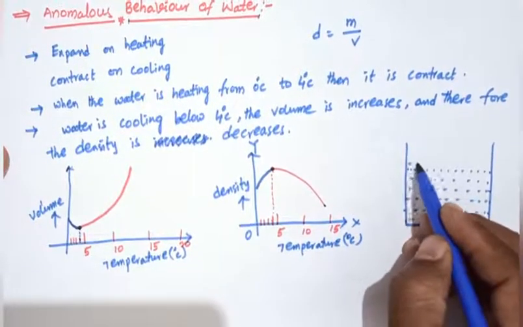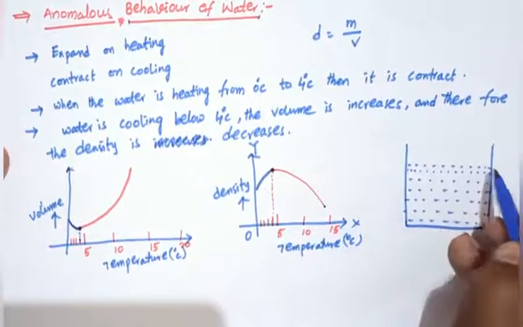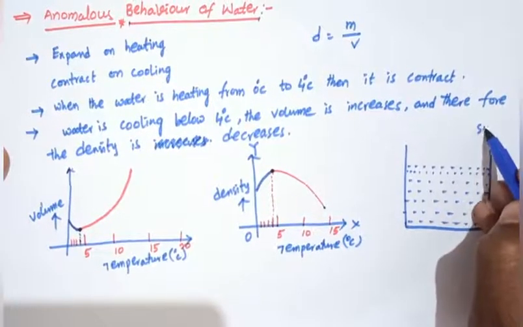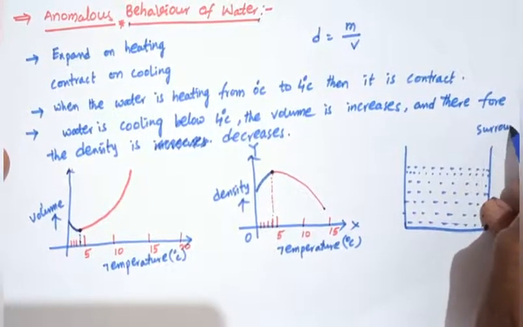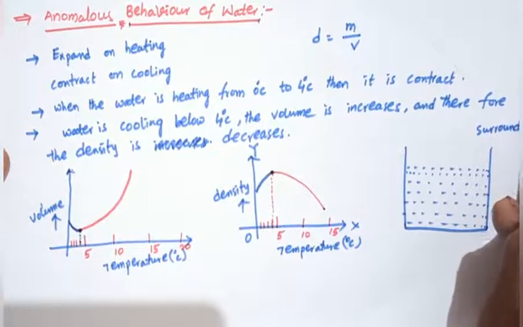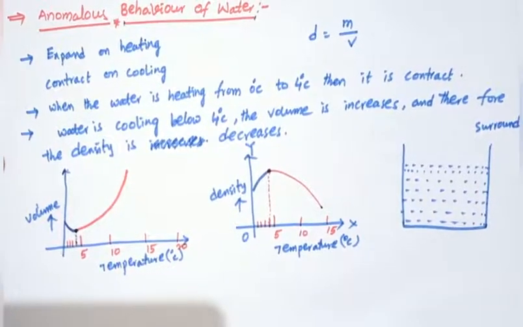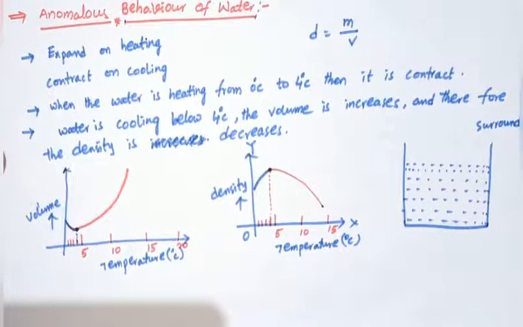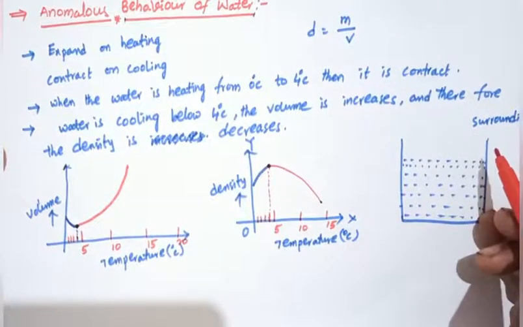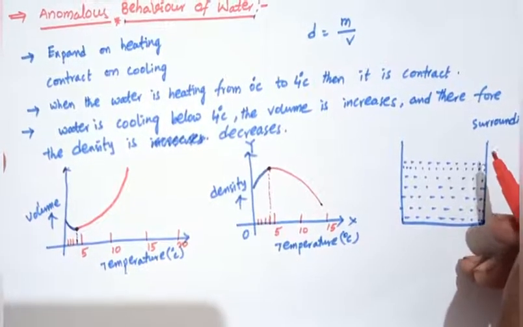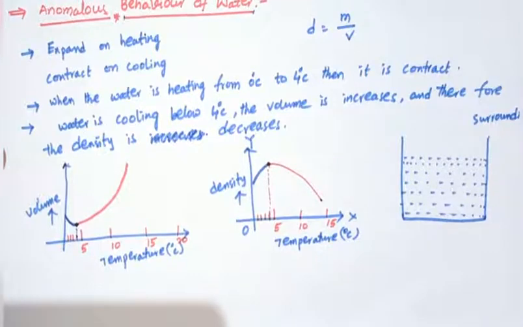Actually the normal temperature of the atmosphere is 27 degrees Celsius.